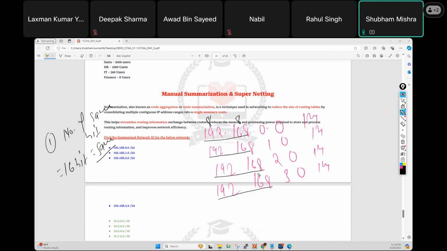Now in step number 2, what is uncommon? This is uncommon. In each network here, 0, 1, 2, 3. You have to calculate these in binary. How can you write 0 in binary? Eight bits.